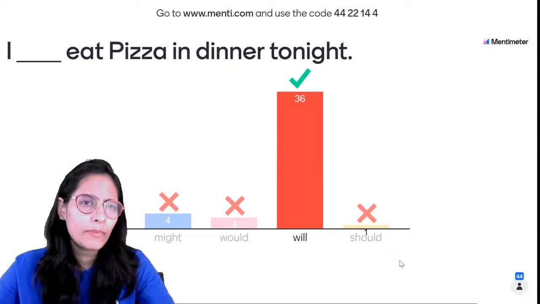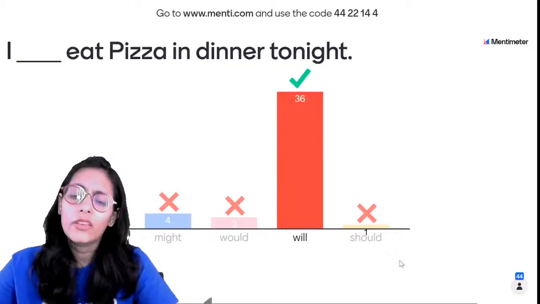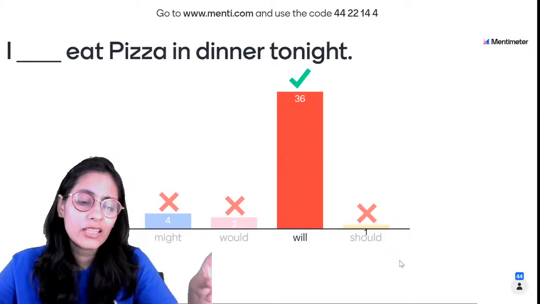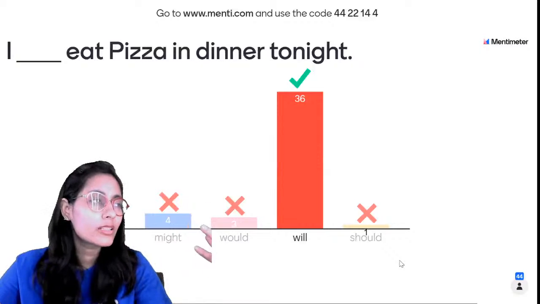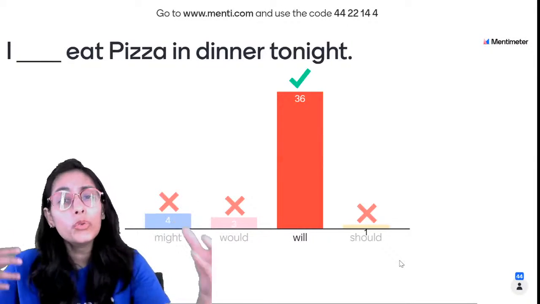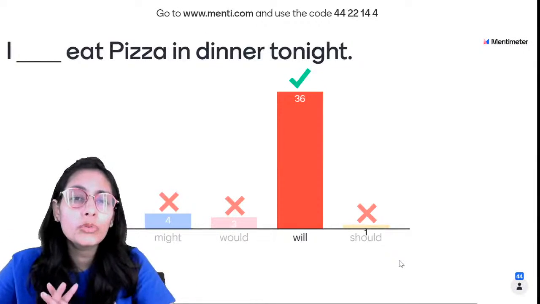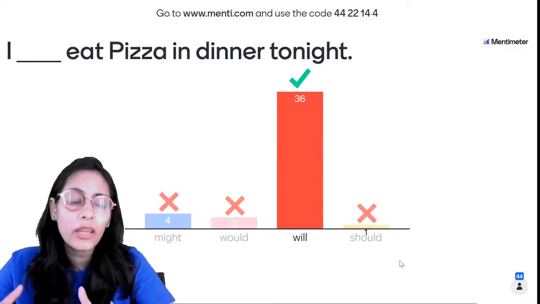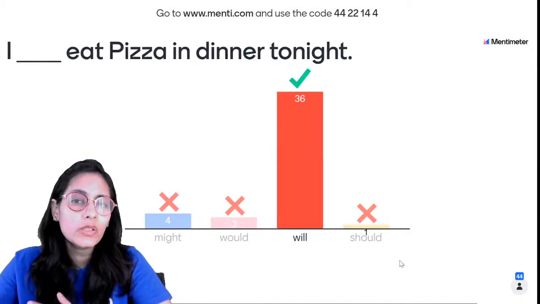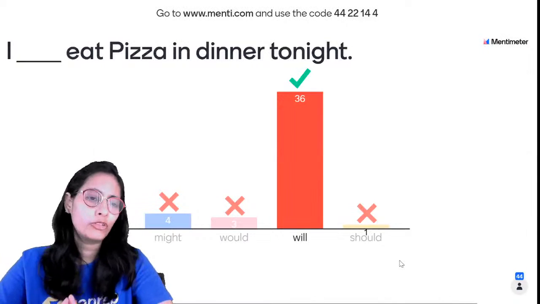Is it showing capability? Don't use it. If can is given, I will eat. Usually for something that indicates you're going to do something, please use modal verbs that talk about decision making, that you are going to do a certain thing and you're making an announcement for that.